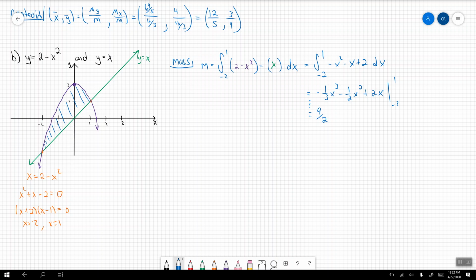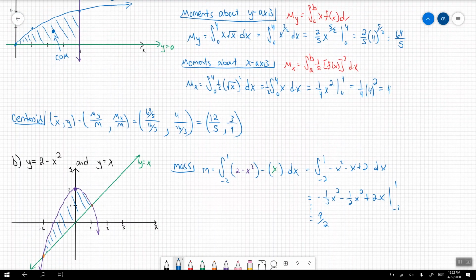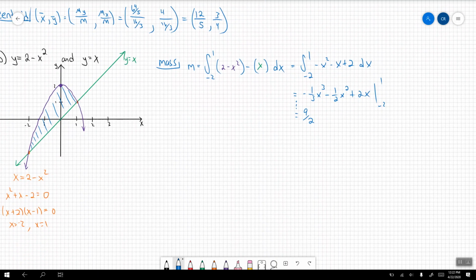All right. Now, when you work with the centroid here, we're going to find some moments, just like we did right up here. So the moments about the y-axis.